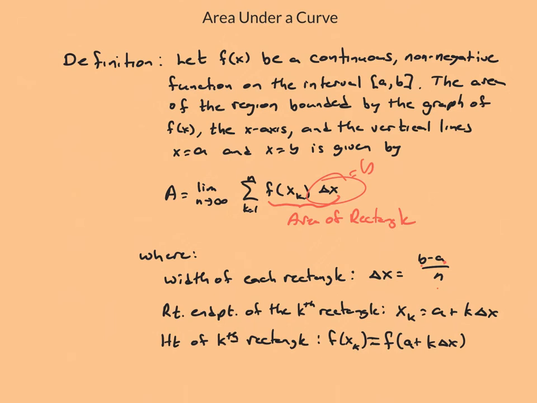So our right-hand values are always going to be whatever a is, whatever we're starting with, plus k times delta x. In that last example, we were going from 0 to 2 using 4 rectangles, so I know delta x was 1/2.